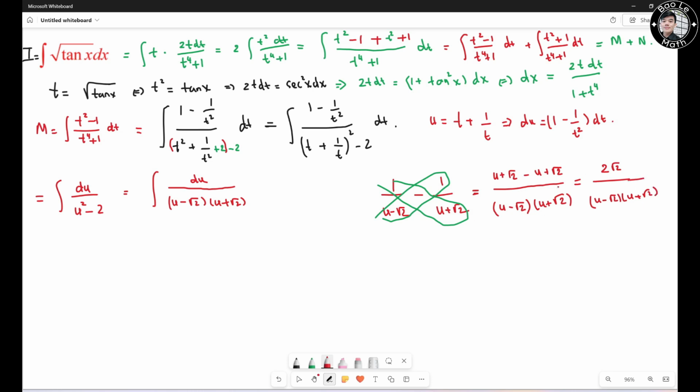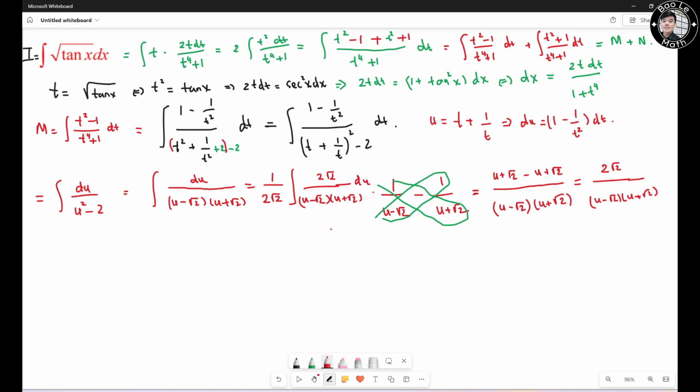So in order to decompose this, I multiply the top and bottom by 2 root 2. So this turns out to be 1 over 2 root 2 times the integral of 2 root 2 over u minus root 2 times u plus root 2 du.